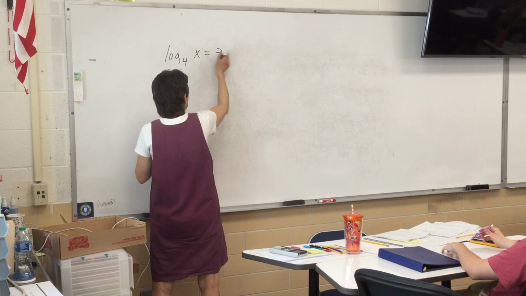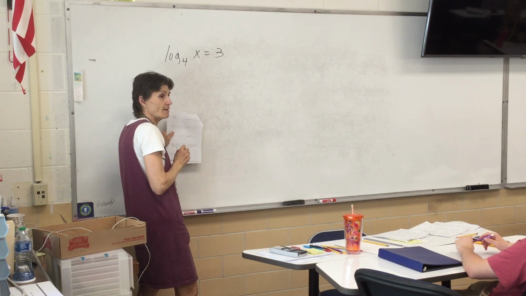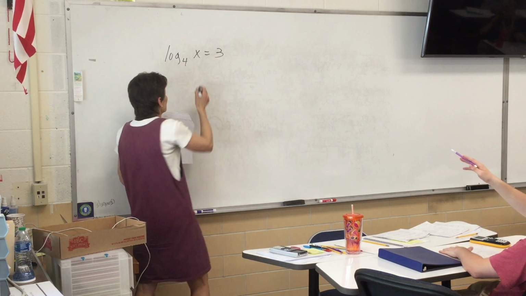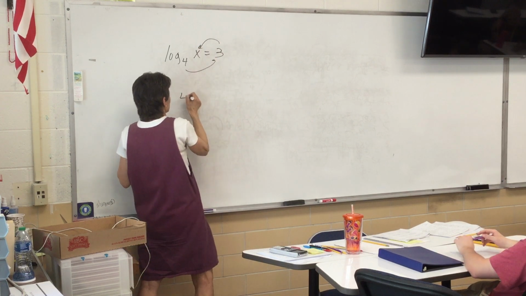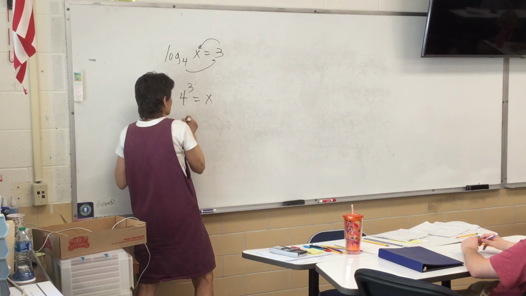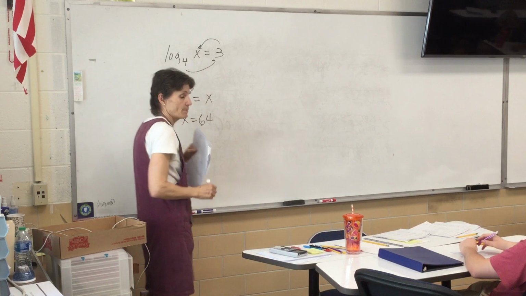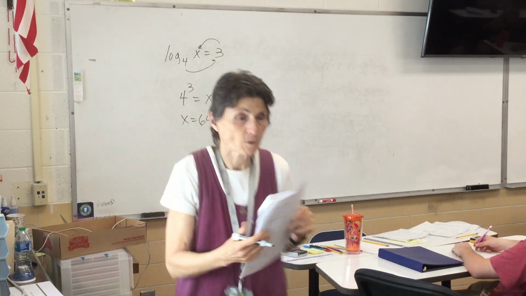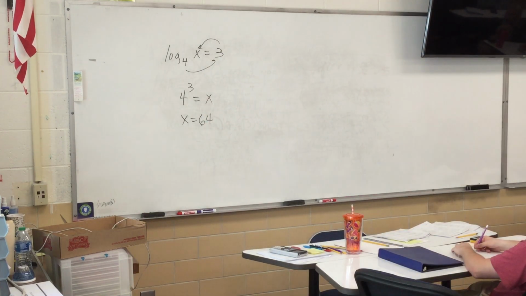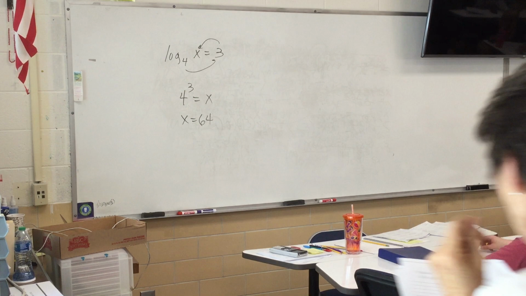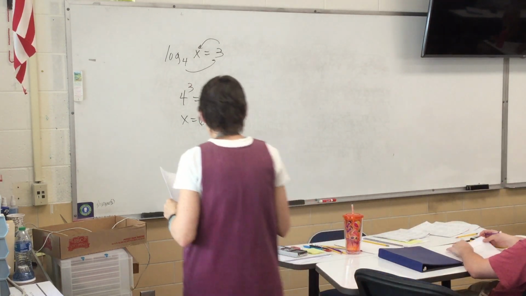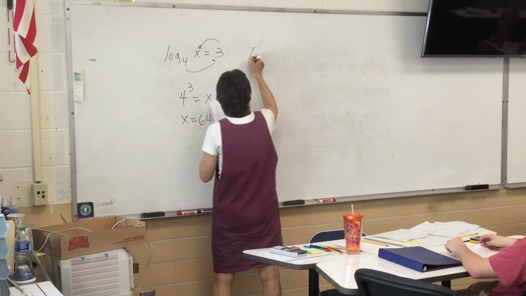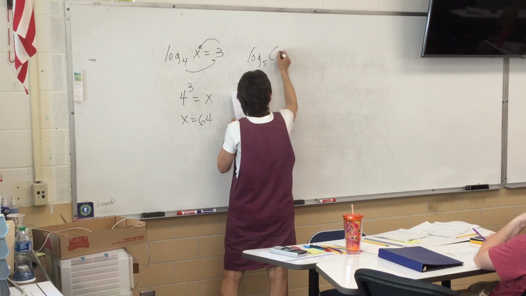You may remember how to solve a logarithmic equation like that. So it's 4 to the third equals x, so x is 64. That's your answer. 64. You better be doing that. All right, and then the second one, B, is a longer logarithmic problem.